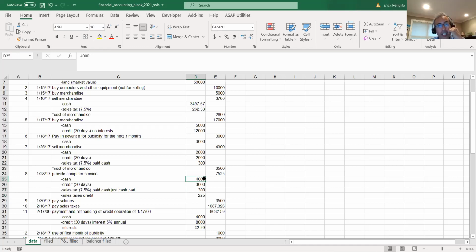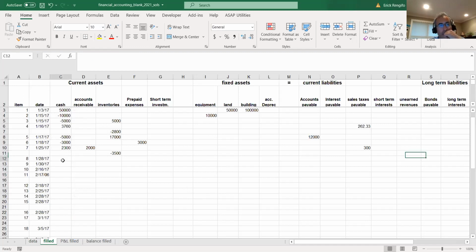I have cash 4,000, and I received 300, so I will receive 4,300 here. I know that $300 are for the government. Here you're going to see in a minute. And then I have accounts receivable. Is my accounts receivable going to be equal to 3,000? Nope. It's going to be this plus my taxes.